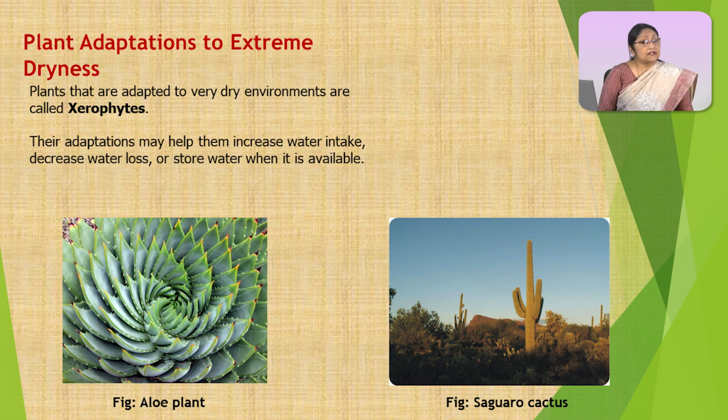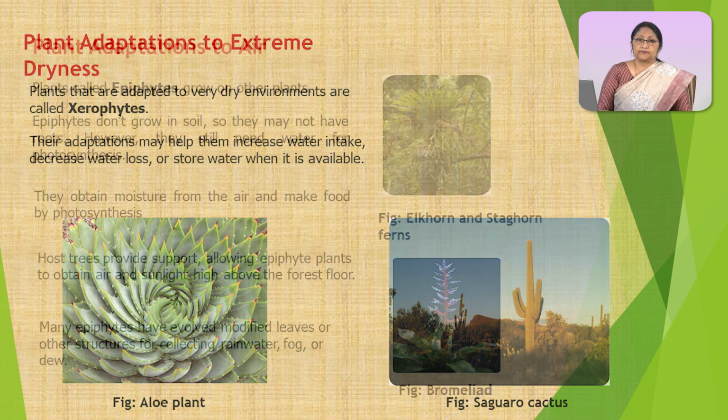The cactus doesn't have any leaves to lose water by transpiration. It also has a large barrel-shaped stem that can store a lot of water. Thorns protect the stem from thirsty animals that might try to get at the water inside. These features help the plant to survive in conditions where there is scarcity of water.